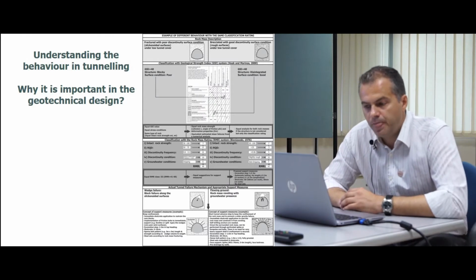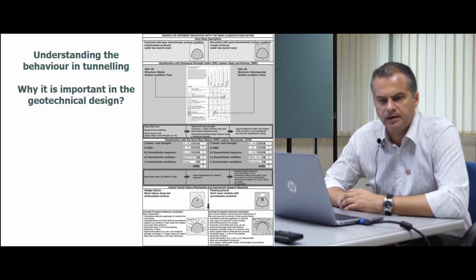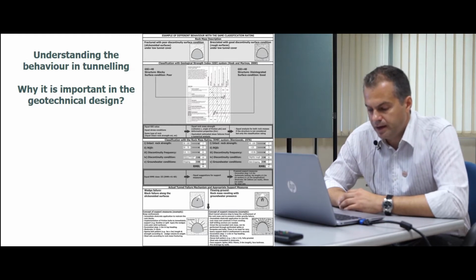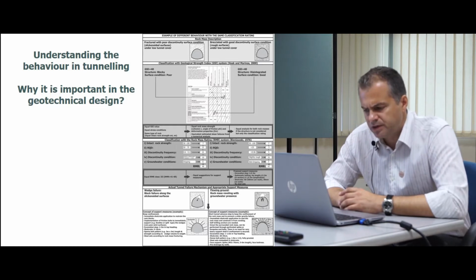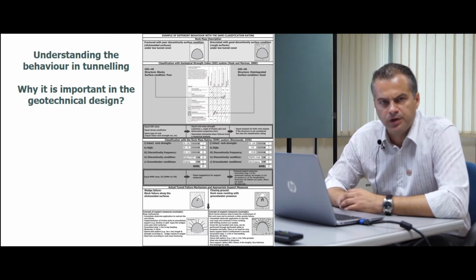Now let's see why it is important not just to rely on a rock mass classification system. Till now, a lot of tunnels have given a lot of burden to rock mass classification systems, either RMR, Q or GSI.